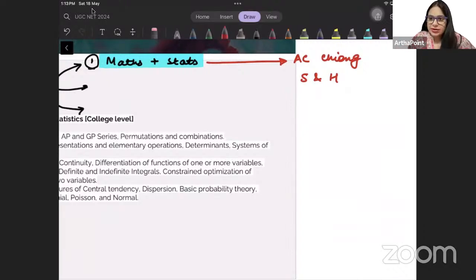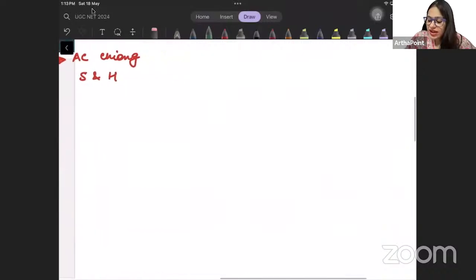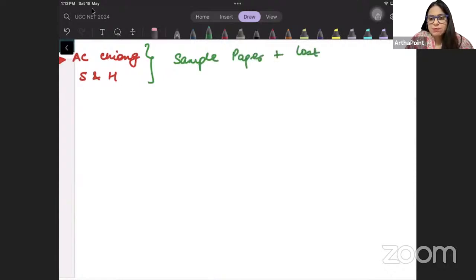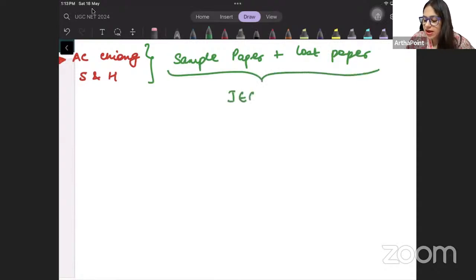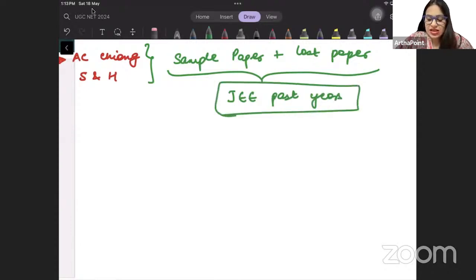But if you look into the sample paper and last year's past paper of IIT Kanpur, you will realize that a lot of questions have been asked from JEE past year papers, especially from the maths aspect.